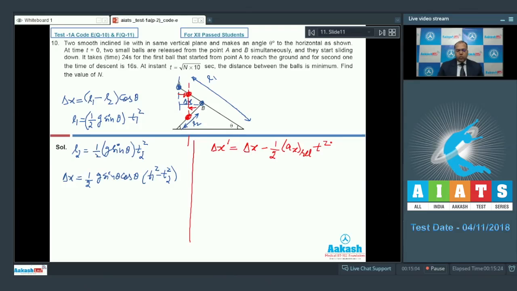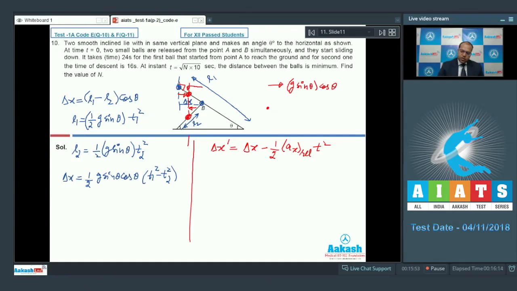When t is equal to under root n into 10, the value of delta x dash must be equal to 0, because delta x dash represents the relative separation between them in the x direction. Now I have to check what the value of ax relative is. The acceleration of the first ball in this direction is g sin theta into cos theta, because this angle is theta.